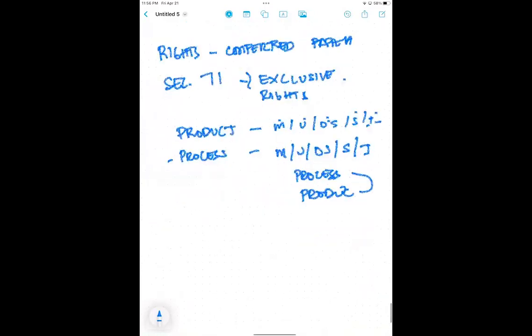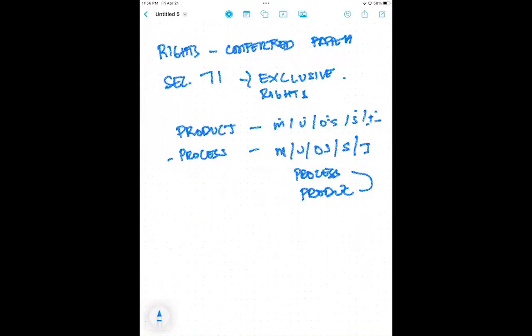Okay? Section 71 also says that the patent owner also has the right to assign, okay, transfer by succession of the patent and to conclude licensing contracts.